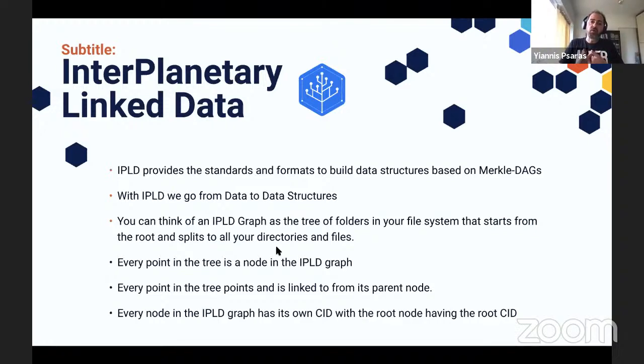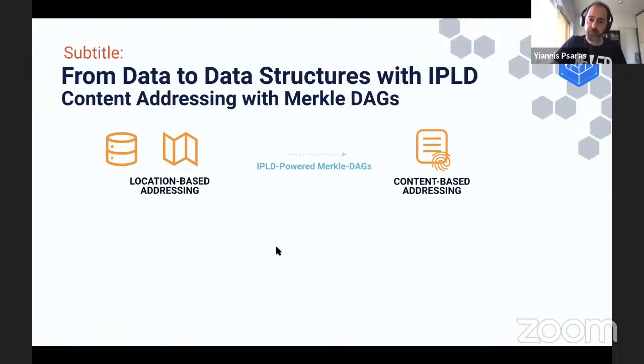When you want to copy a file from one folder and duplicate it to some other folder, the operating system, and similarly IPLD, doesn't need to copy the data and have it twice. Instead, you put a link that connects the folder to the place where you wanted to copy your file. So what does this give us?